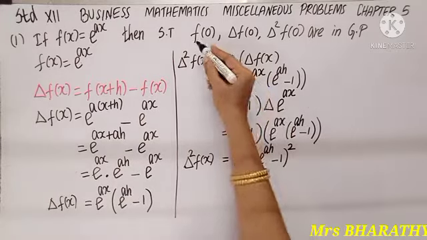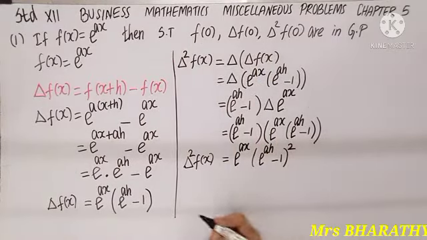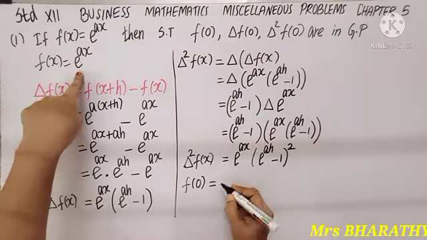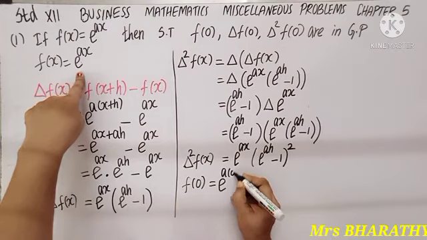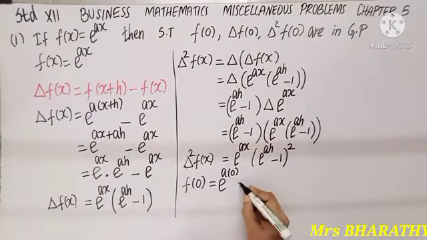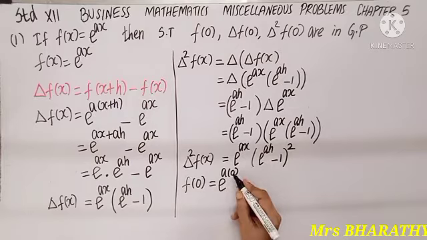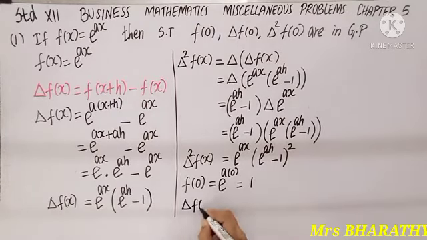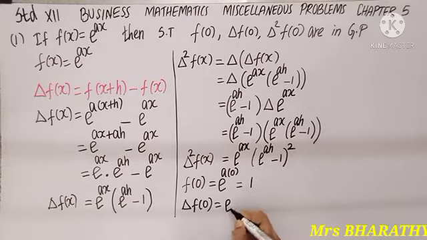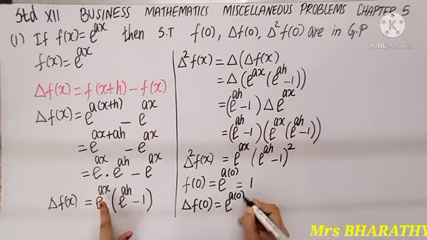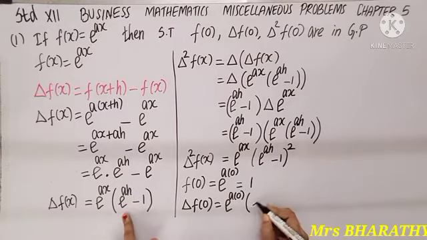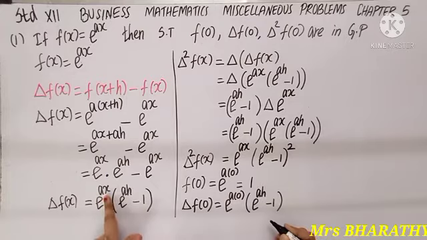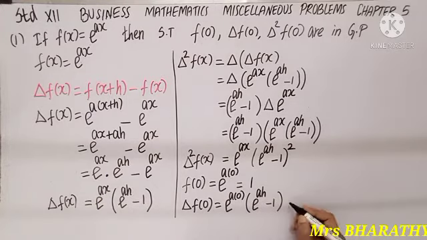Now we need to find out what are these three. So what is f of 0? E power a into 0. Wherever x comes, I am putting 0. E power 0 is 1. What is del of f of 0? E power a into 0 into e power ah minus 1. Wherever x comes alone, I put 0.